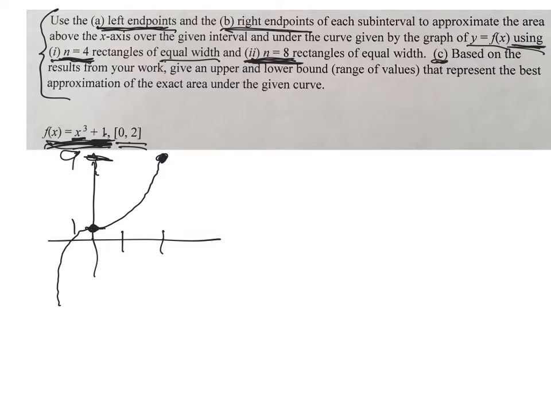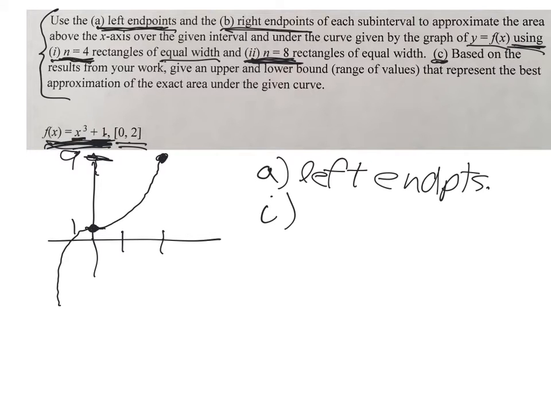Now, part A, we'll use left endpoints, and I'll show you what that means as we go through this. Part 1 of part A, we use n equal 4. So we're going to split this into 4 parts. Ultimately, we're going to be estimating the area from 0 over to 2, this nice little region here.